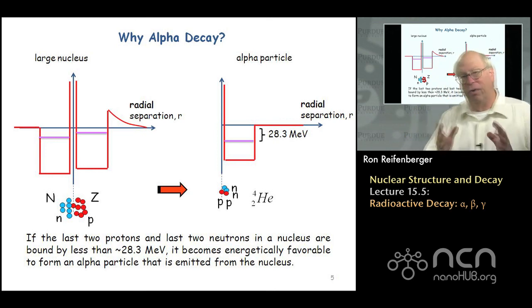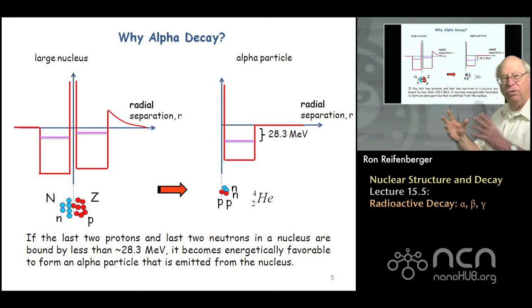And so now you can answer the question, why do some nuclei decay following the emission of an alpha particle?